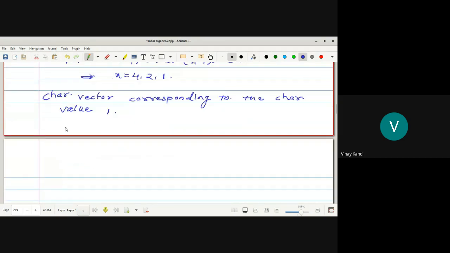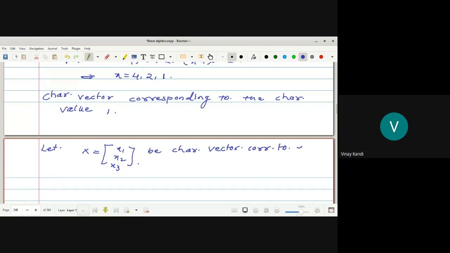Let capital X equal x1, x2, x3 be the eigenvector corresponding to eigenvalue 1. Then A into X is equal to 1 into X.